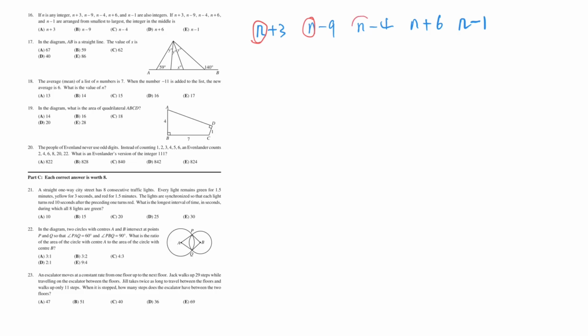We just compare the other numbers. So minus 9 is the smallest, so we put the n minus 9, and then minus 4 is second smallest, and then n minus 1, n plus 3, and n plus 6. The middle number is n minus 1. Therefore, the answer of 16 is E.